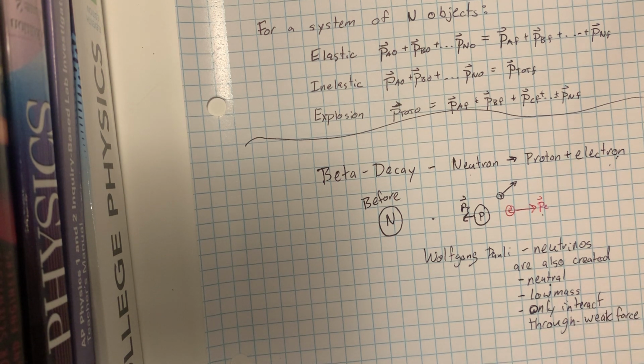In the 1950s, I think it was like 1958, two guys by the name of Clyde Cowan and Reines built a detector that detects neutrinos. Some of the most interesting detectors in the world nowadays are neutrino detectors. They're huge tanks full of, usually, heavy water.